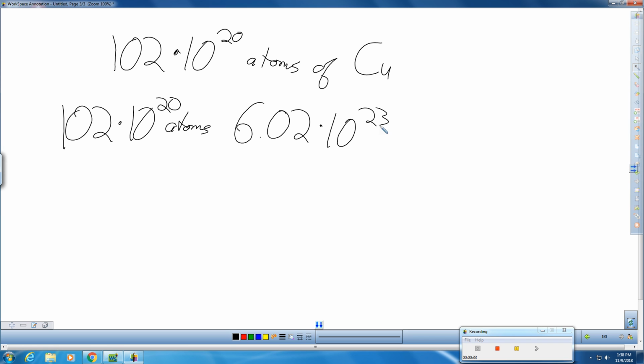Is it moles per thing or things per mole? Things per mole. In this case, what is our thing? Atoms per mole. Do I want to multiply or divide here for my atoms to cancel? Divide, absolutely. So we will divide here. That makes my atoms and my atoms cancel. What does this equal? It's going to be a very, very tiny number.